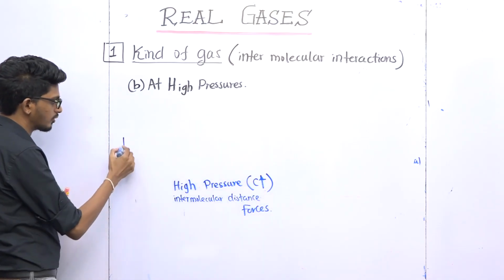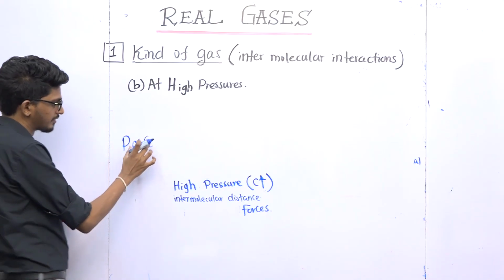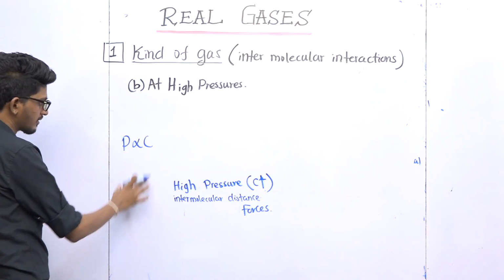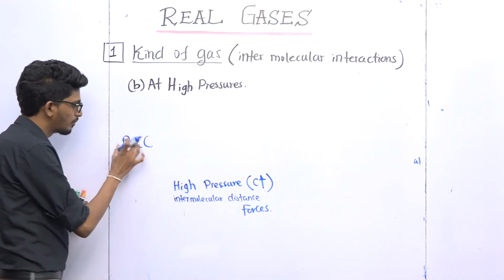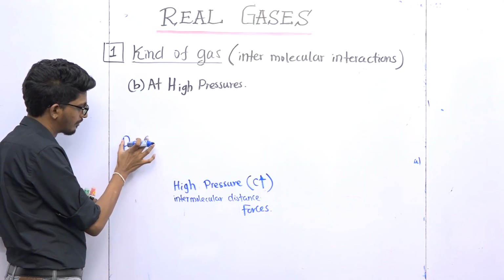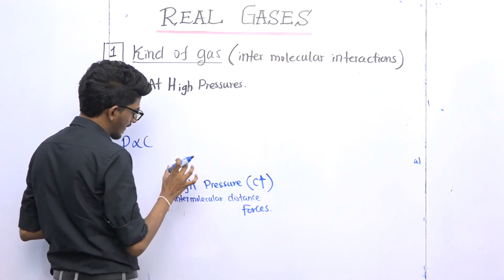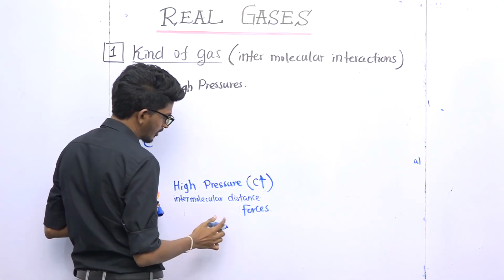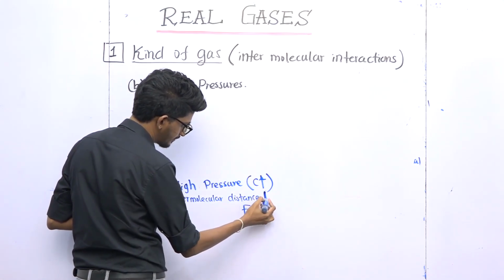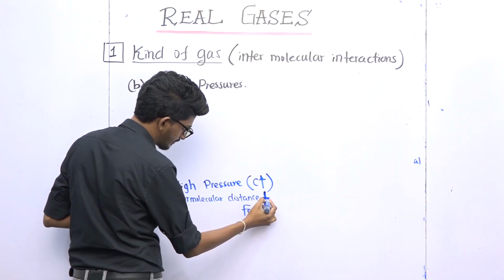So P is equal to CRT, proportional to concentration. High concentration means you have more particles, more moles of molecules, in unit volume. So the intermolecular distance is low.